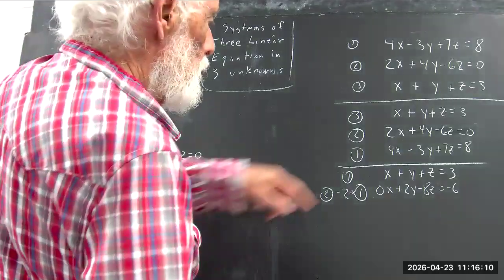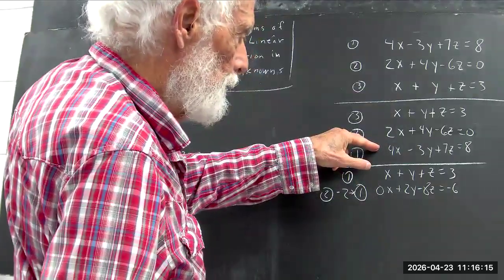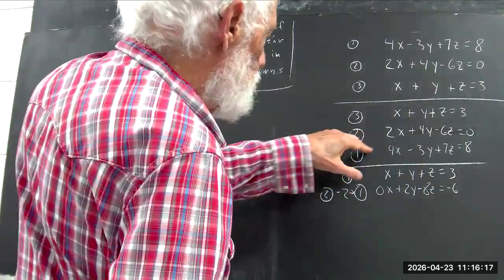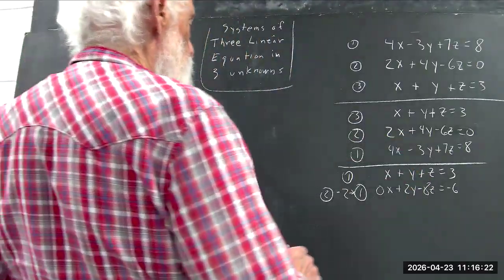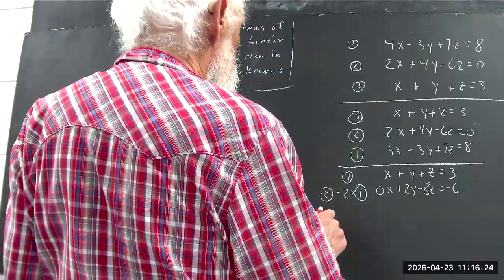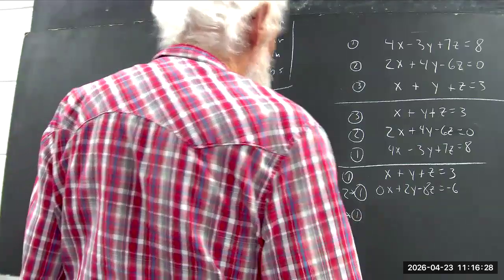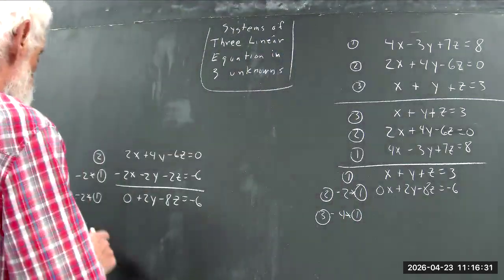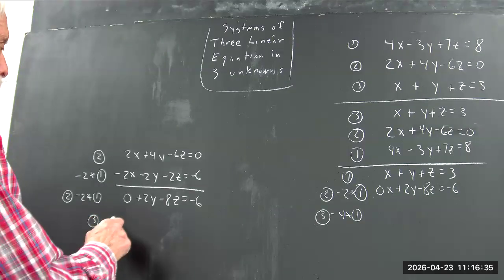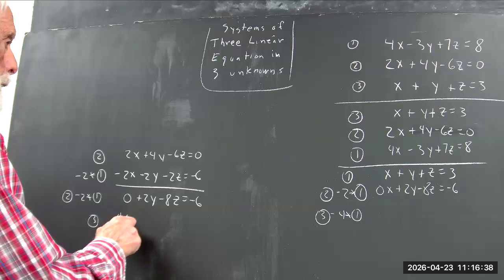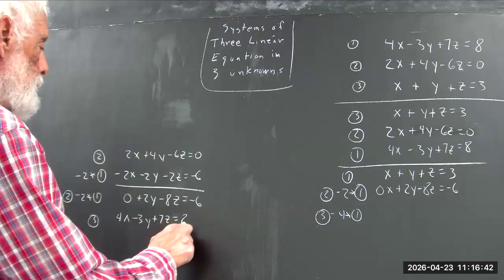Then I want to eliminate x from the third equation in my previous step, which is 4x minus 3y plus 7z. What I'm going to do is the third equation in the previous step minus 4 times the first equation. So here's equation 3: 4x minus 3y plus 7z equals 8.